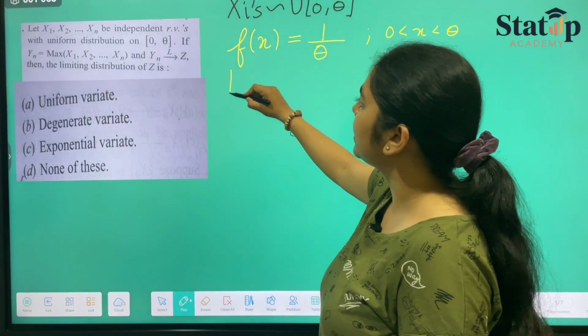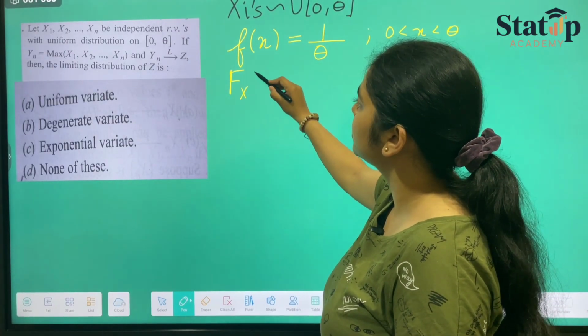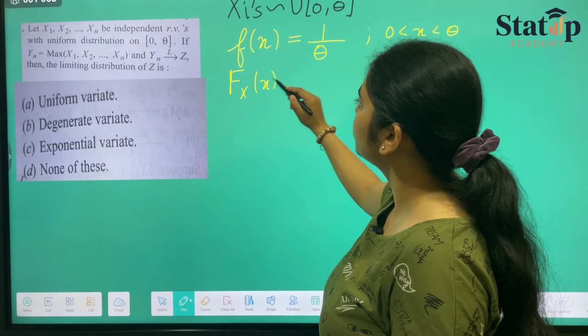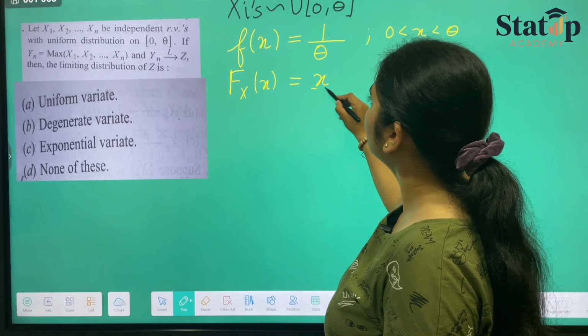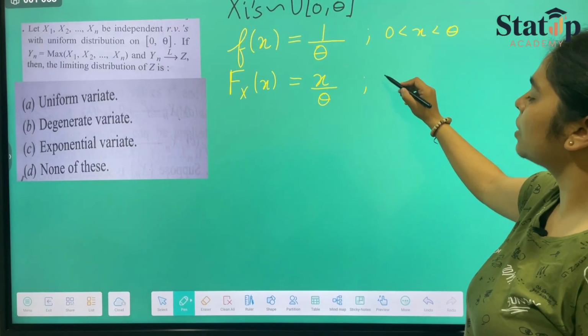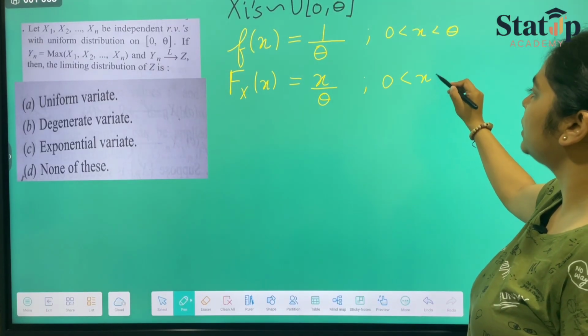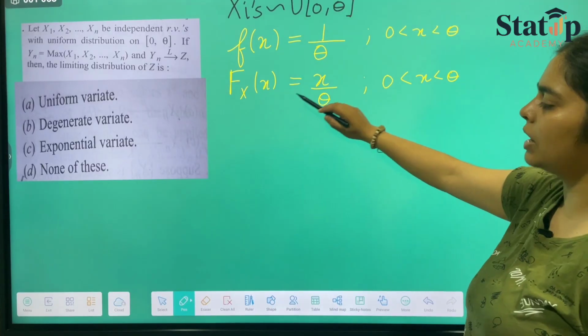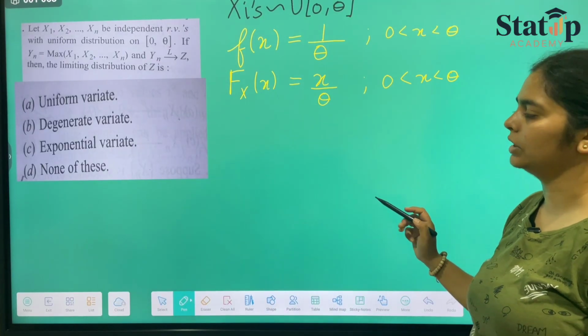From here we can calculate the distribution function of X. It will be the integration with respect to x, and it will be x upon theta. This is simple integration, you can do it on your own. I'm just writing the direct answer, which is x upon theta.